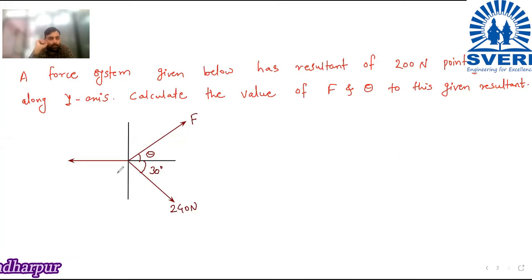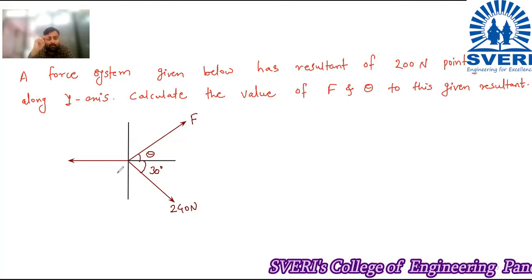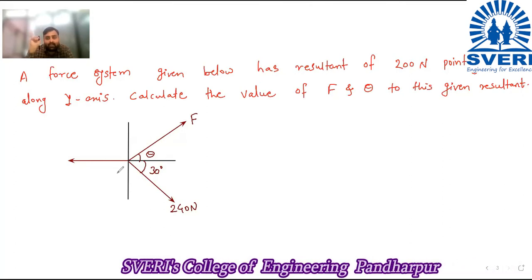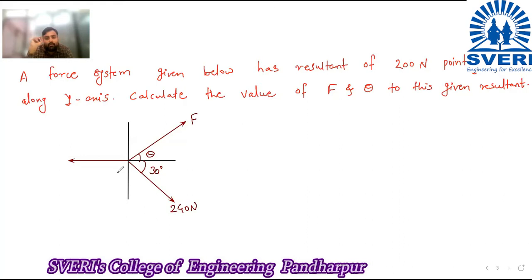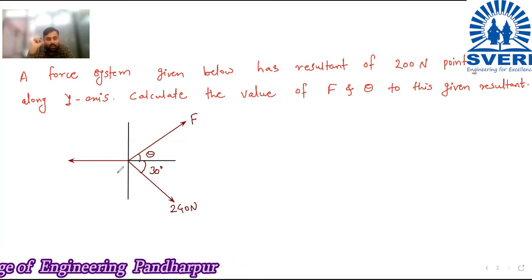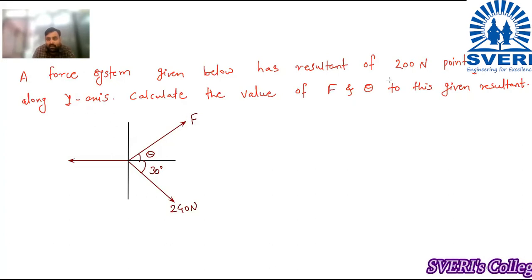Now, if you read the problem carefully, see that what they have told us in the numerical. A force system given below. So this is the force system which is given below. Has a resultant of 200 Newton pointing up along the y-axis. So now where is the resultant of this force system? So if I draw the resultant, it is along the y-axis and pointing up.